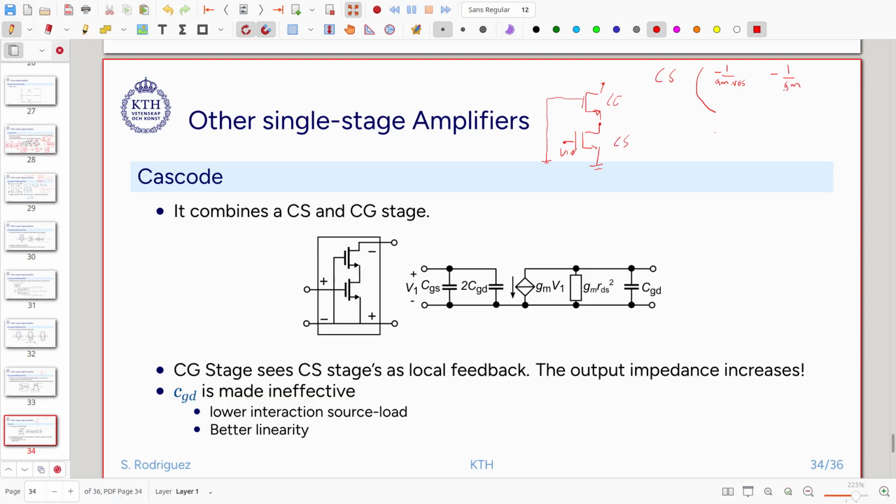When there is no source resistance, we assume an ideal source resistance for the current amplification, and these parameters will be 0.